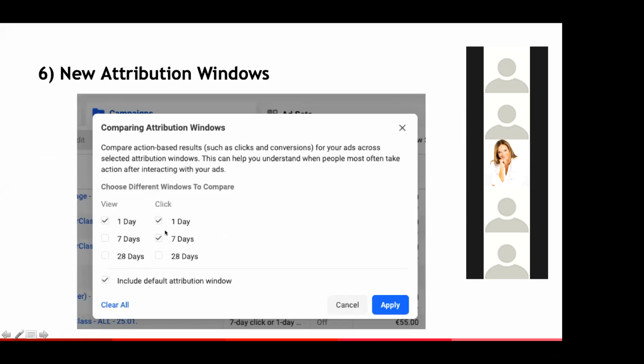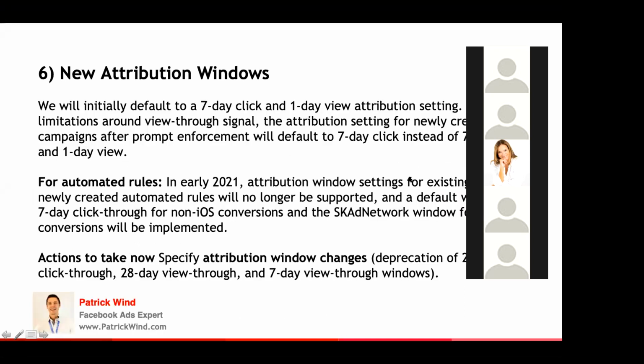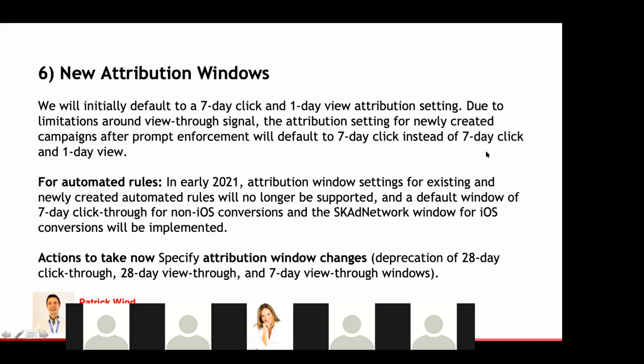So it could be only click or only view attributions: 1 day view maximum, 1 day click, 7 day click, and the default depends on the different sources. Right now in my ad account, everything that I create is 7 days click and 1 day view. And also when we refresh, to deactivate and activate, it changes to 7 day click and 1 day view.